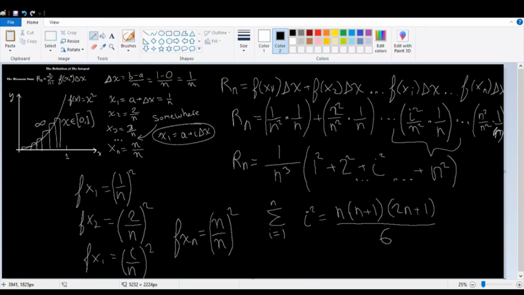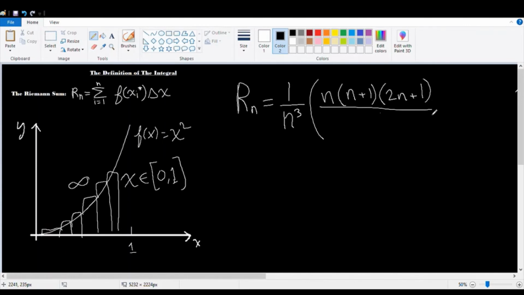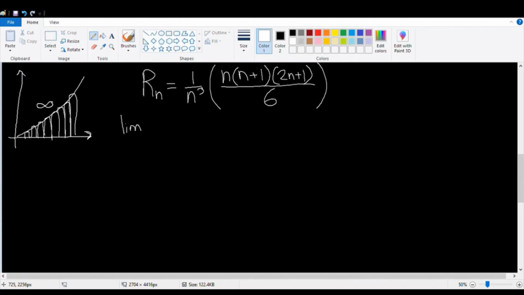You don't have to learn it, you can just have it in your notes. There's a formula for i, a formula for i squared, which is this one, and also a formula for i cubed. You can just search up the sigma notation for the sum of n integers and you'll find it. Now if we apply the limit to the Riemann sum as n approaches infinity, we'll write the limit as n approaches infinity of all this.